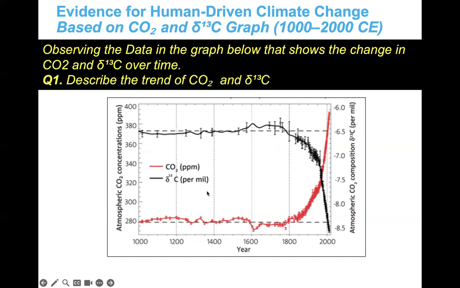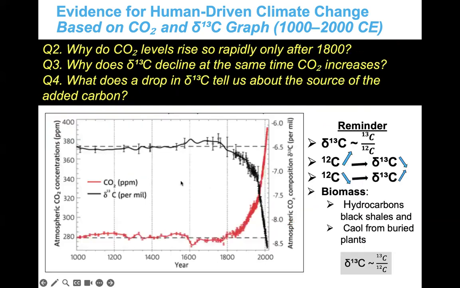So describe the trend of CO2 and delta 13C. You can see here clearly that the CO2 amount from 1000 all the way to 1800 is almost steady. And after 1800, the CO2 amounts start to increase. This is because of the Industrial Revolution, because of lots of pollution.